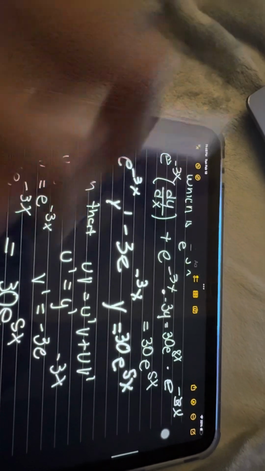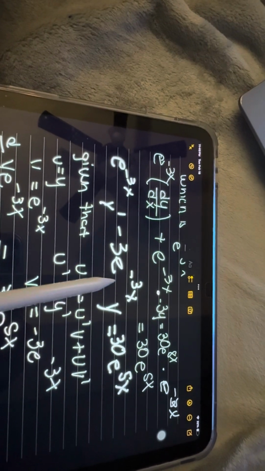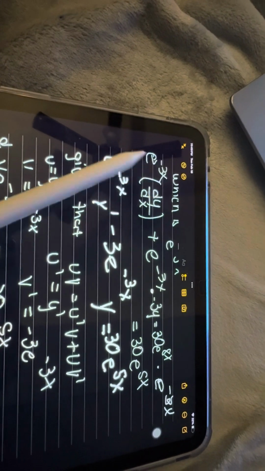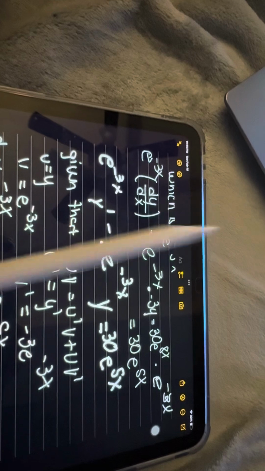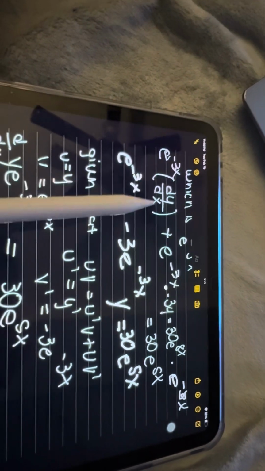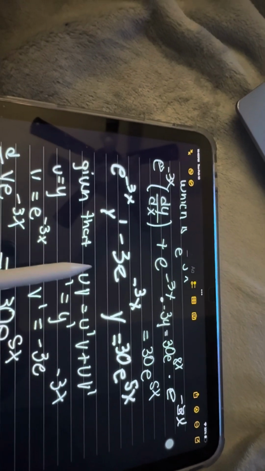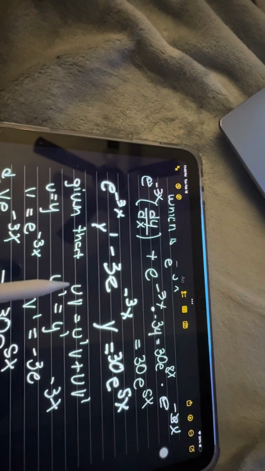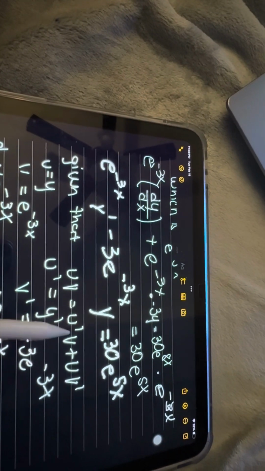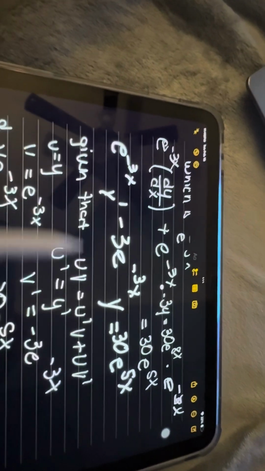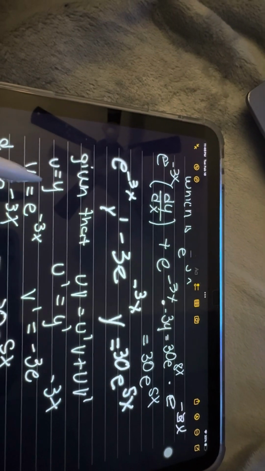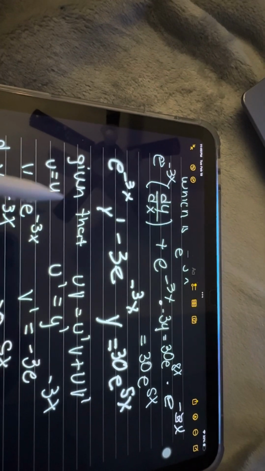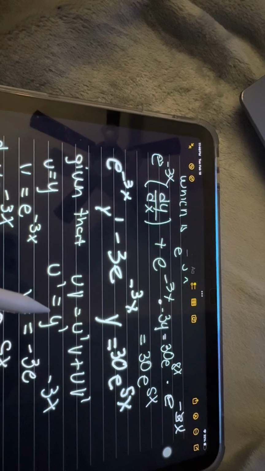We then go back to the left side, and after analyzing it, we can clearly see this is the result of a product rule. To verify this, we check our formula: (uv)' equals u prime v plus u v prime. In this case, our u would be y, and our u prime would be y prime.